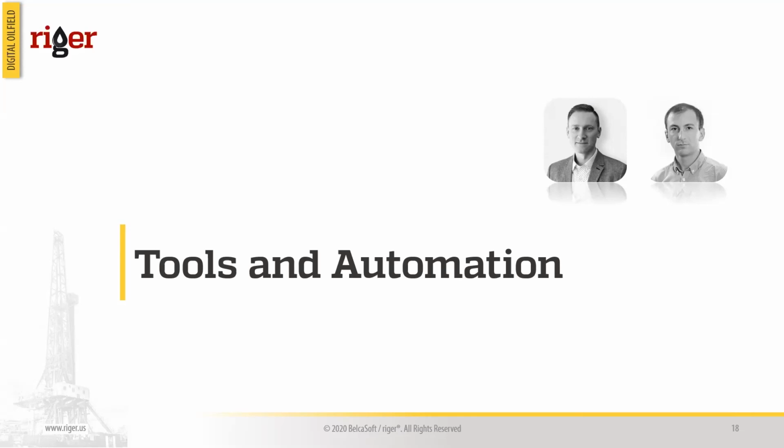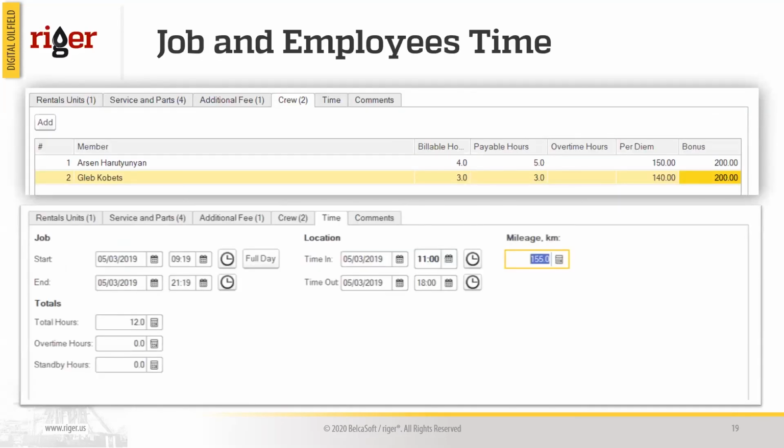So, right, let's move on to the next thing that will also show you how we can utilize other features of the RigER software in terms of oilfield services tracking and management. So, as I already said, you can pre-build the crew list, the list of employees who will be doing this particular ticket or this particular list of services.